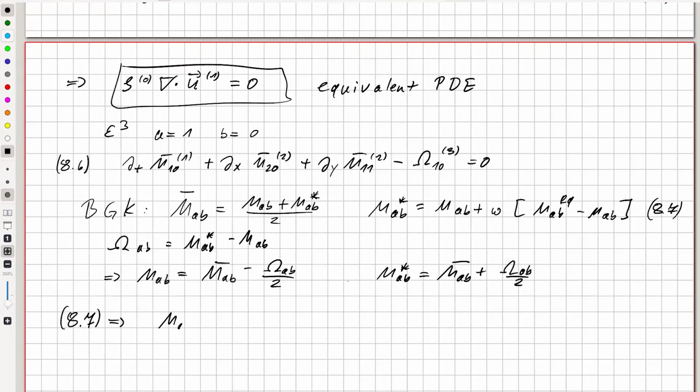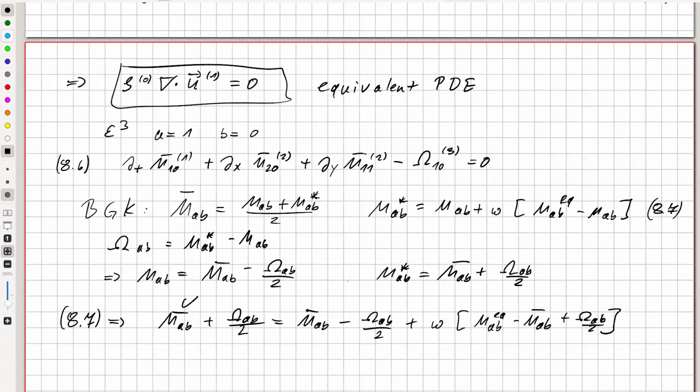We want to express everything in this over bar version: MAB over bar minus omega AB half, plus omega times MAB equilibrium minus MAB over bar plus omega AB half.